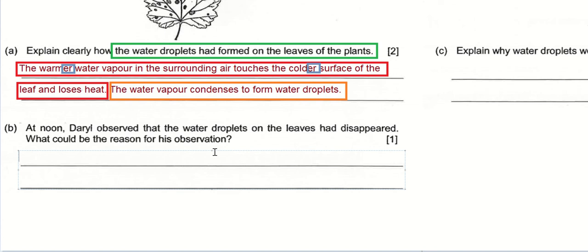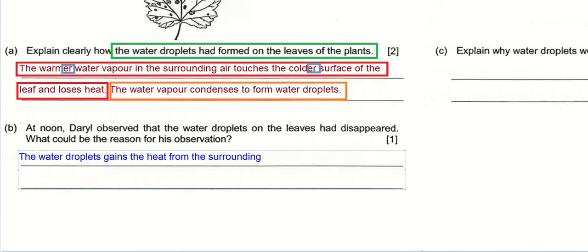So the water droplets, when the temperature increases, or you can also say the water droplets absorb the heat, or gain the heat from the surrounding.